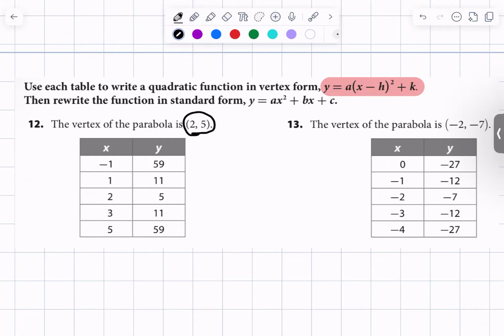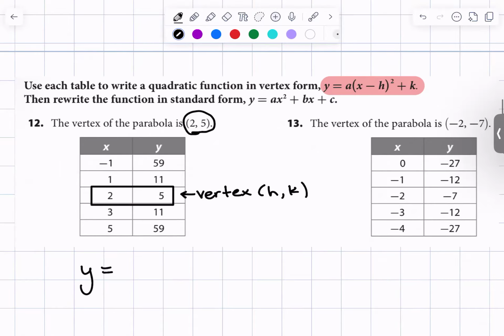So if I look at the table, this middle term here is actually my vertex, right? Remember, my vertex in vertex form is h comma k, right? So I'm going to plug that in to my form there. Y equals a times x minus 2 quantity squared plus 5. Okay? I just plugged it in, right?